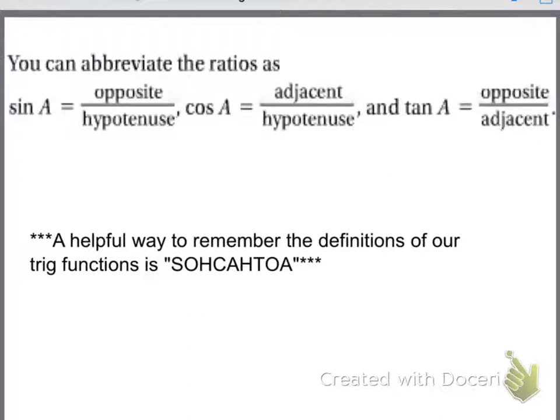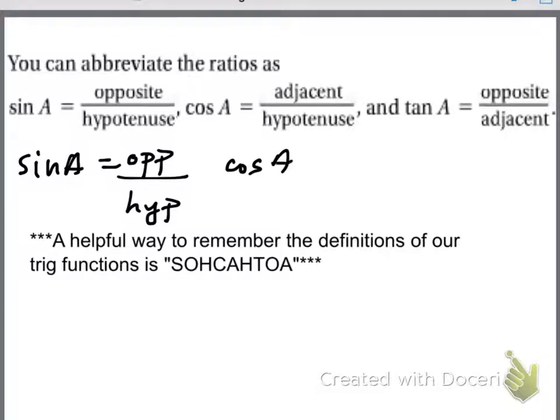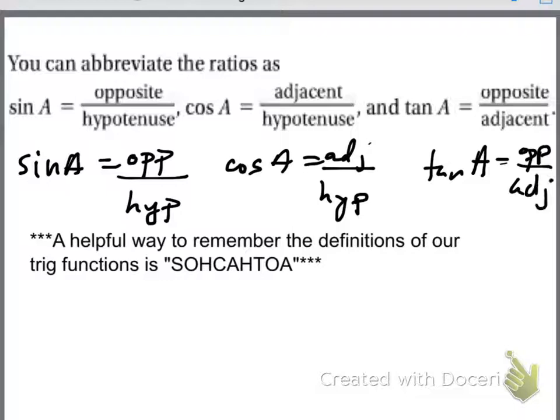You'll see me abbreviate these like this. The sine of A equals opposite over hypotenuse. The cosine of A equals adjacent over hypotenuse, and the tangent of A equals opposite over adjacent. So how are we going to remember this?